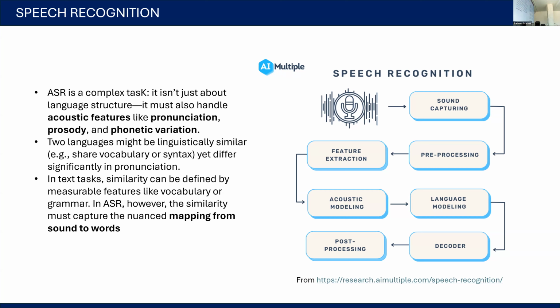I mean, these things still play a part, but you have the whole thing of pronunciation, prosody, phonetic variation, and in general, a complex mapping from sounds to words. You also don't have fixed discrete units like tokens that you can look into, right? Because it's all a matter of how you discretize audio. So speech recognition is particularly complicated on this task.